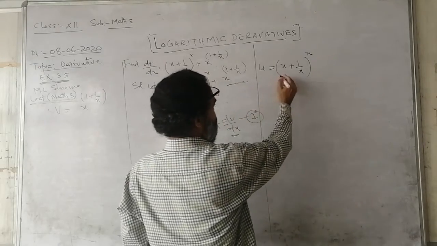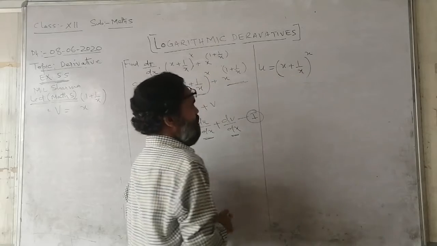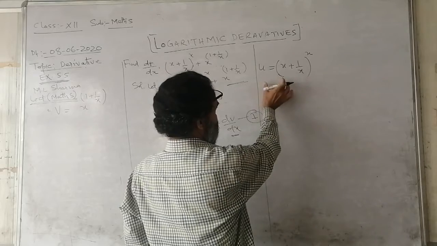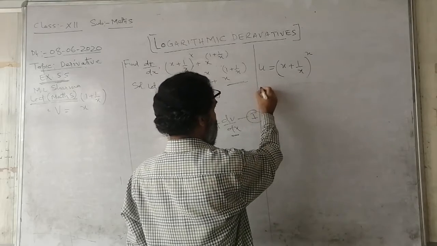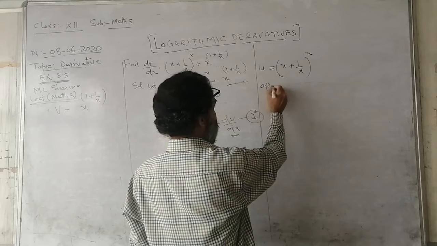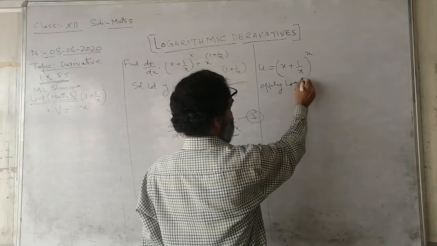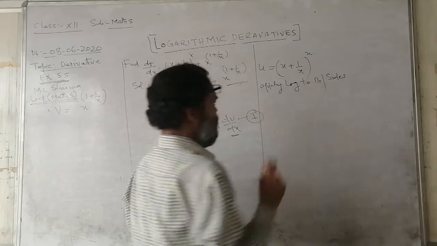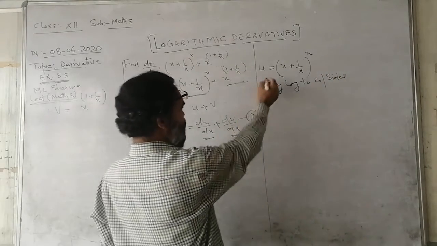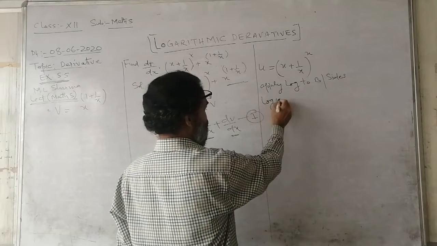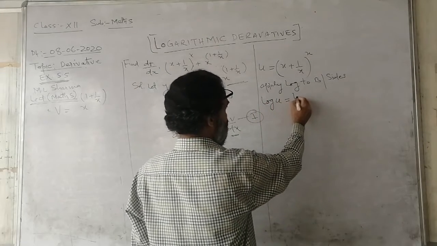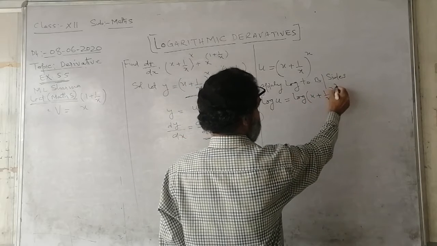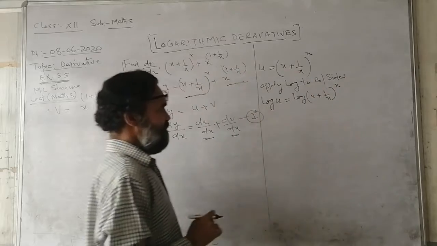So before this equation, I apply log to both sides. So when I apply log to both sides, log u will equal log of x plus 1 upon x, raised to power x.